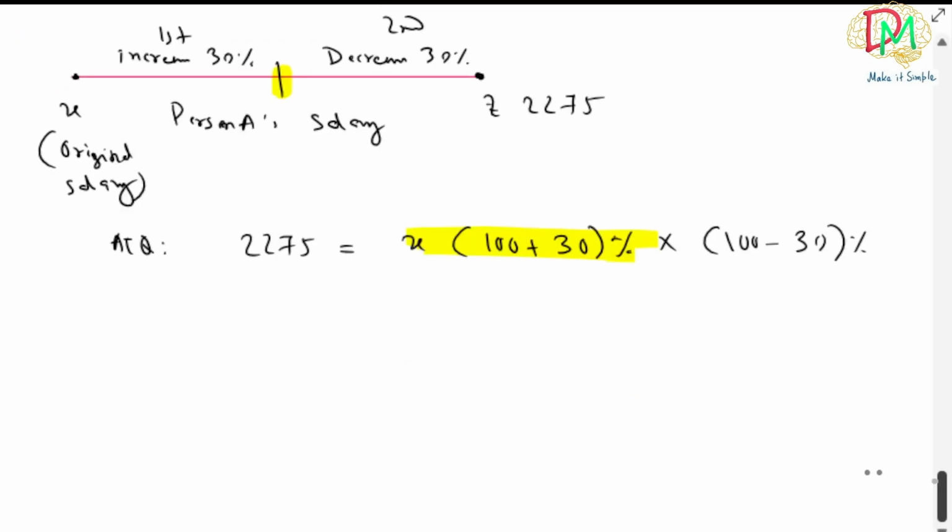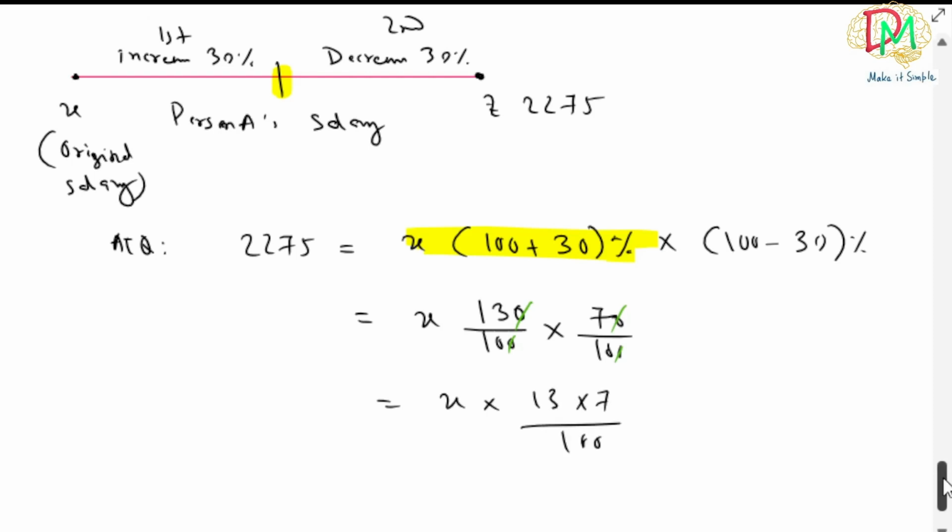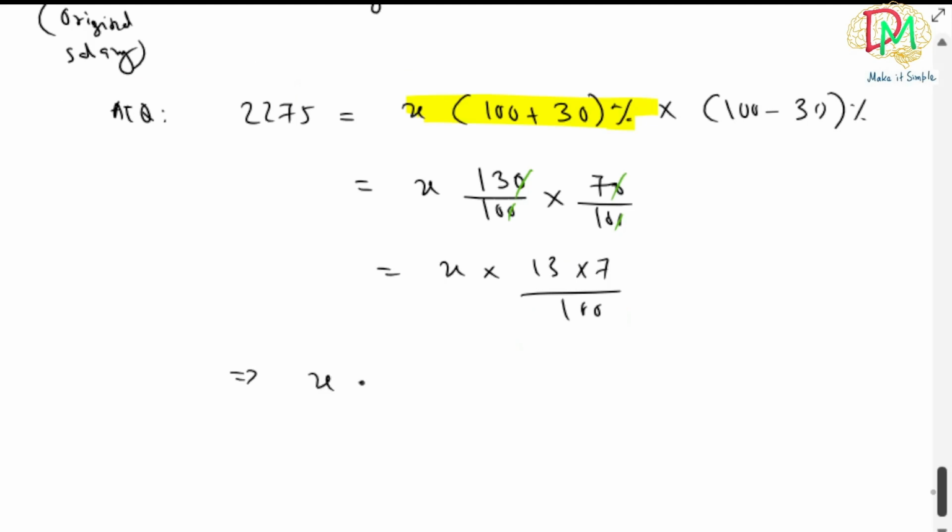So we have to find the value of x. That is 130 divided by 100 into 70 divided by 100. To remove the zeros, we finally get x into 13 into 7 divided by 100. So x is equal to 2275 into 100 divided by 13 into 7.